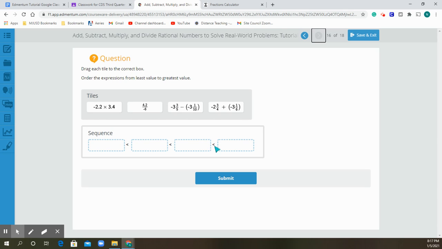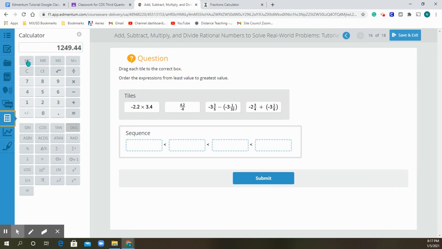Remember, the little alligator chomps the greatest number, and that's the way they have it set up. So one of the ways we can do that is by using the calculator and figuring out the value of each of these and making a note of it.